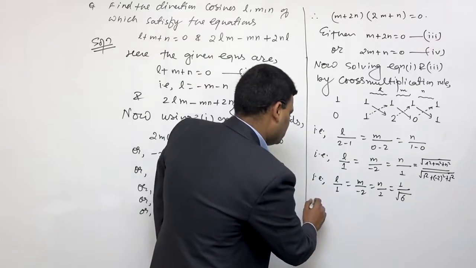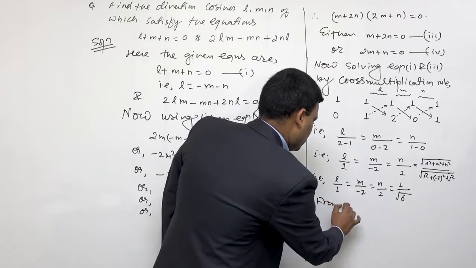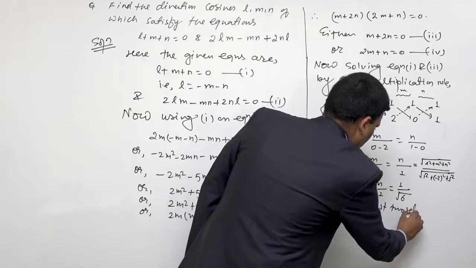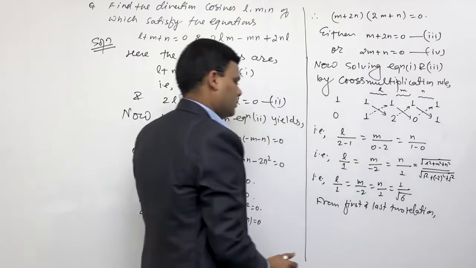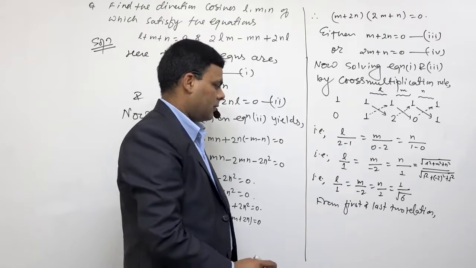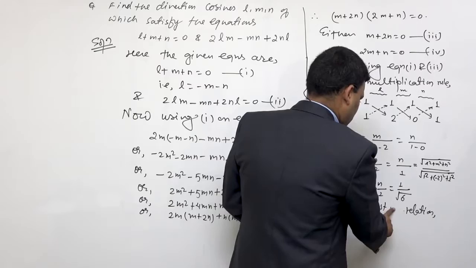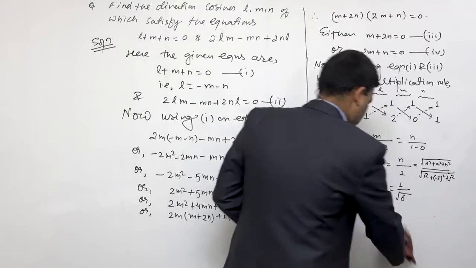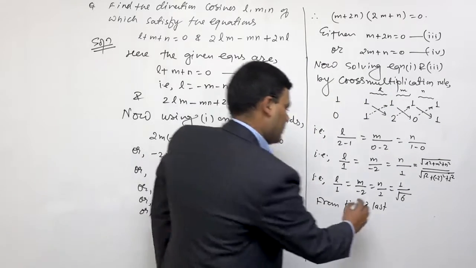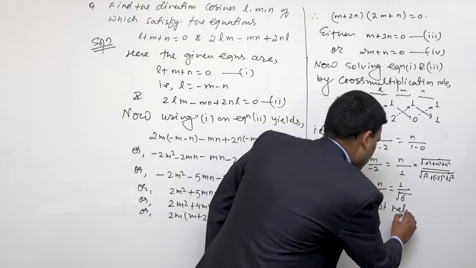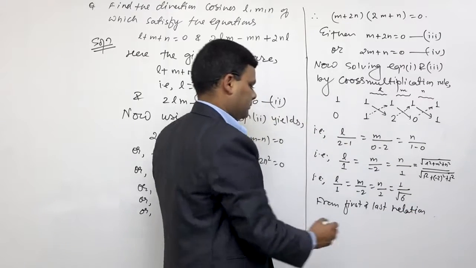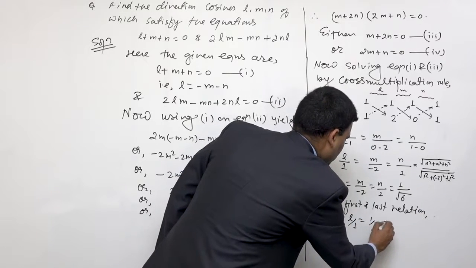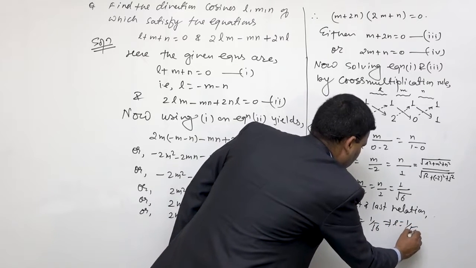Therefore, from first and last relation, l upon 1 equals to 1 upon root 6 implies l equals to 1 by root 6.